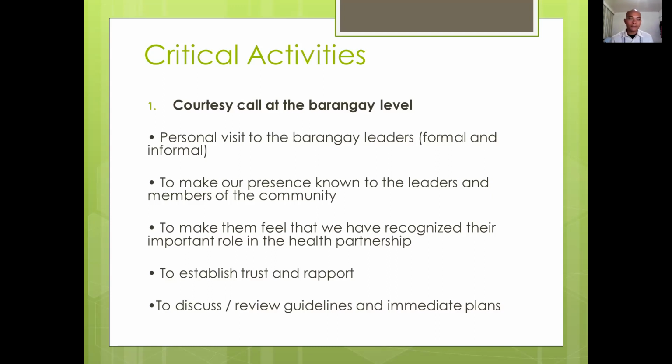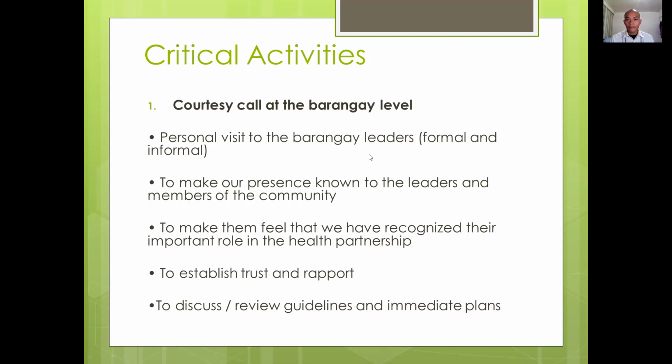So sunduin nyo sila, mag-arrange kayo ng jeep para masundo sila sa Baguio, for example, ng 6 o'clock. Okay? Tapos they will stay in our barangay until Wednesday. Okay? So Monday, Tuesday, Wednesday dito sa barangay natin. Aalis sila ng barangay natin ng 3 p.m. para nasa Baguio na sila ng 2 p.m. So sila yung nag-arrange. So we had to coordinate with the barangay as well.